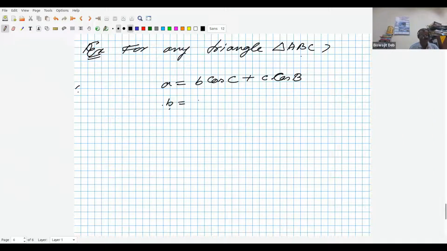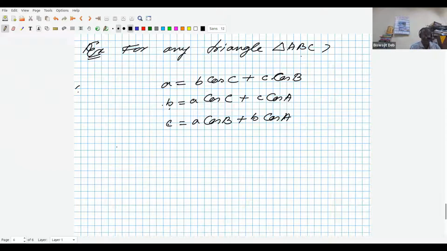b will be equal to a cos C plus c cos A, and c is equal to a cos B plus b cos A. So these are three results. We'll be proving the first one, and the second and third can be proved the same way.